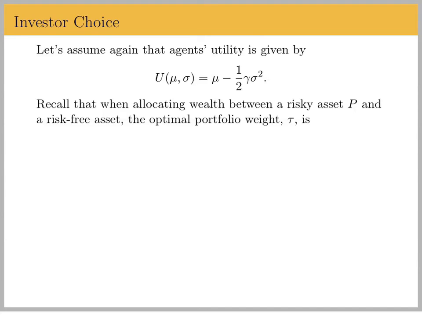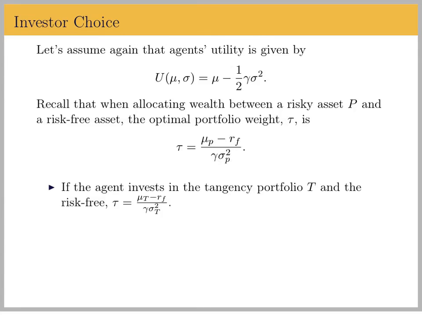Going back to the last lecture, if you remind yourself of how we solve that problem, you'll see that the optimal weight between a risky portfolio and a risk-free asset is just the expected return, that is the risk premium, over gamma times the variance, which is also equal to, remember, the Sharpe ratio of the portfolio over gamma sigma p, because one of the sigma p's is reserved for the Sharpe ratio calculation, and the other sigma p will stay in the denominator with gamma.